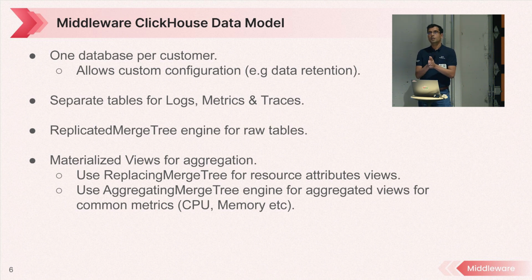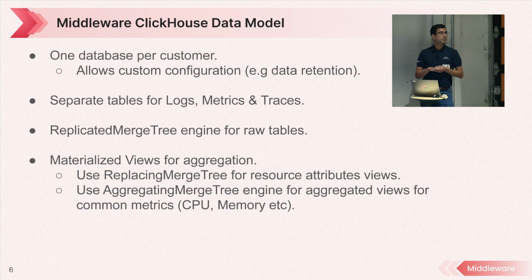Some customers want us to retain their data for longer. Today, as I said, we retain 2 weeks of hot data on the servers and 6 months of cold data on S3. But some customers might want a year or more of hot data, and having a separate database allows us to fine-tune that.